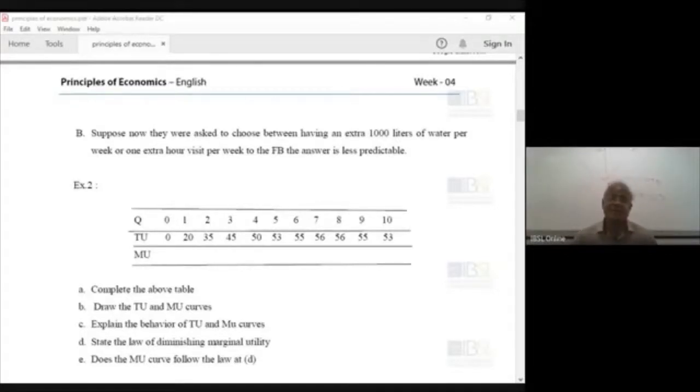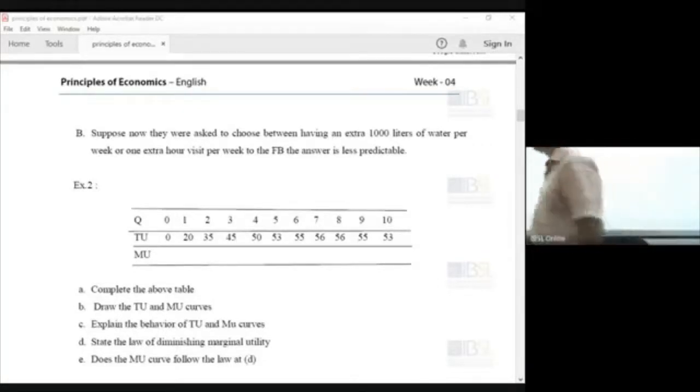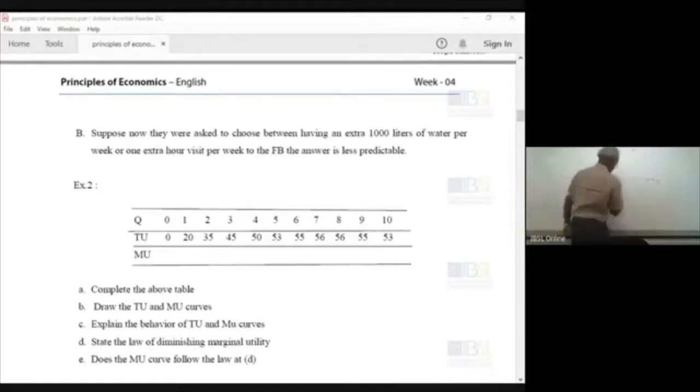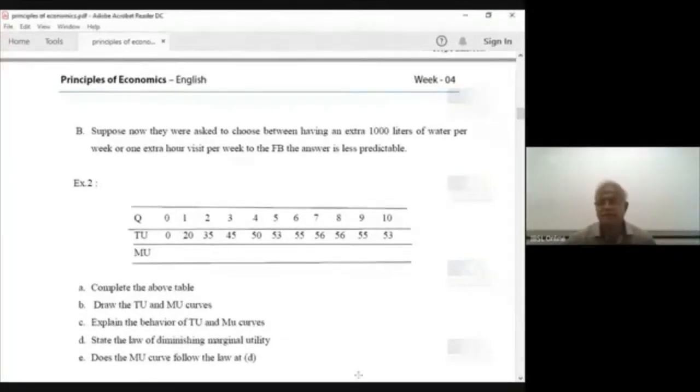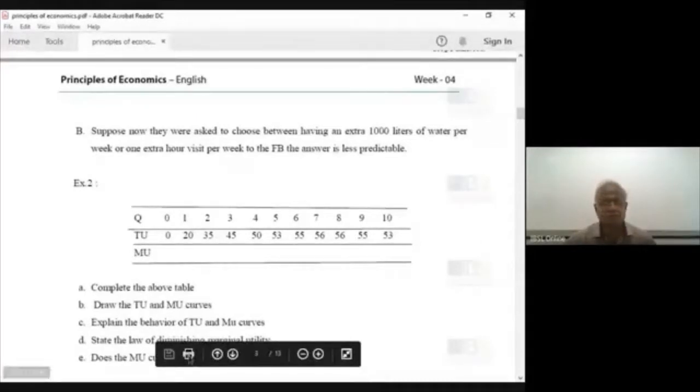Marginal utility definitely decreases. So this is true for the consumption of any good or service. Eventually diminishes. The law of diminishing marginal utility.